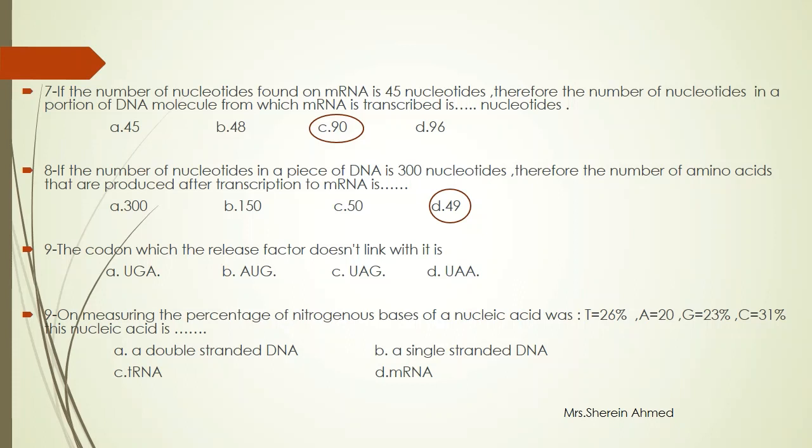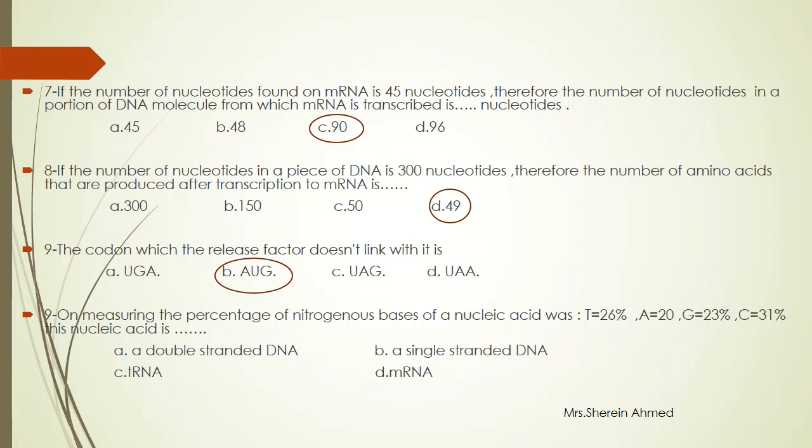Divided by 3 equals 50, but we have one stop codon. The codon which the release factor doesn't link with, of course, is the AUG. UGA, UAG, and UAA are the stop codons to which the release factor links to end the translation process, as you remember.